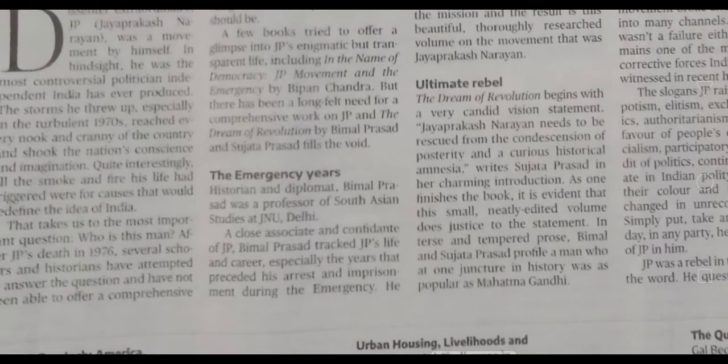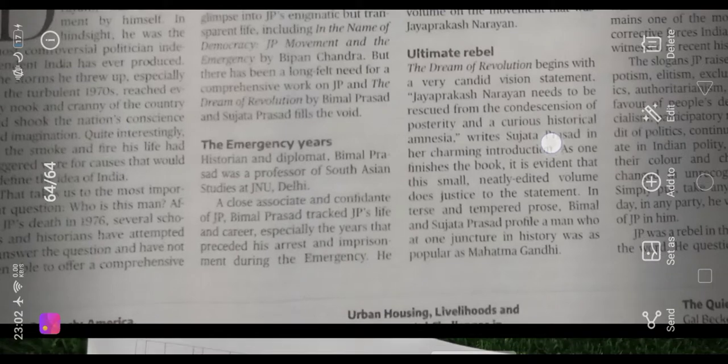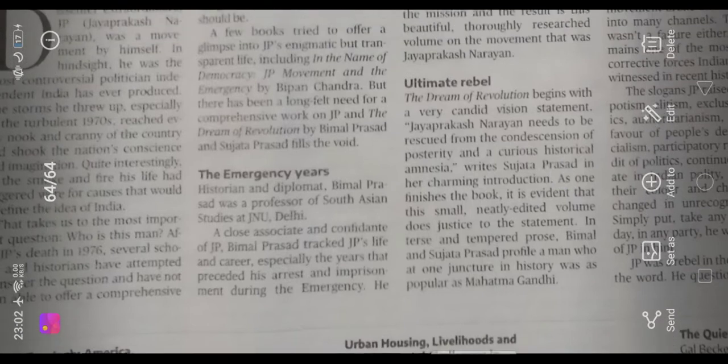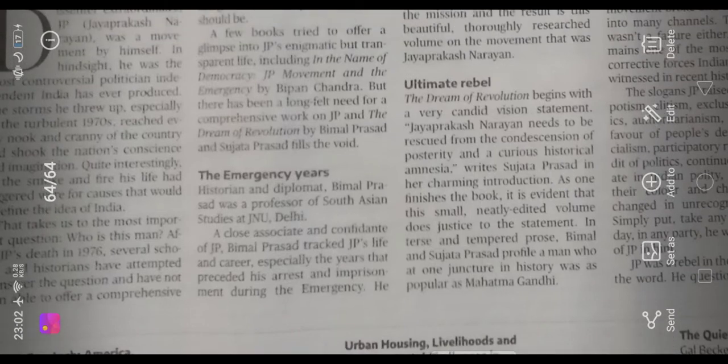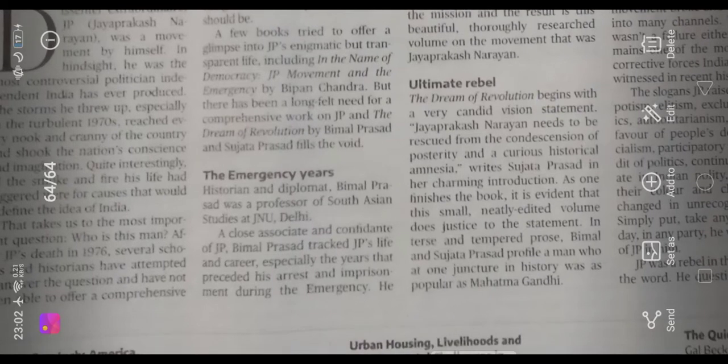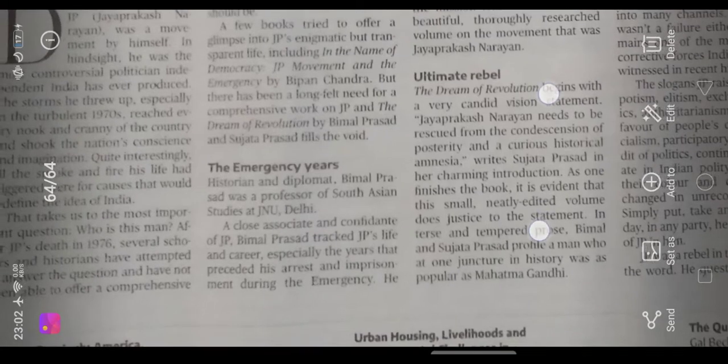The slogans JP raised against nepotism, elitism, exclusionary politics, authoritarianism, and those in favor of people's democracy, socialism, participatory rule, social audit of politics continue to reverberate in Indian polity, though their color and character have changed in unrecognizable ways. Simply put, take any politician today in any party, he will have a slice of JP in him.